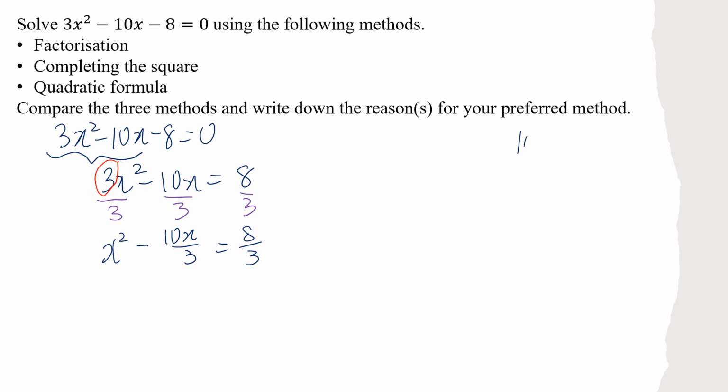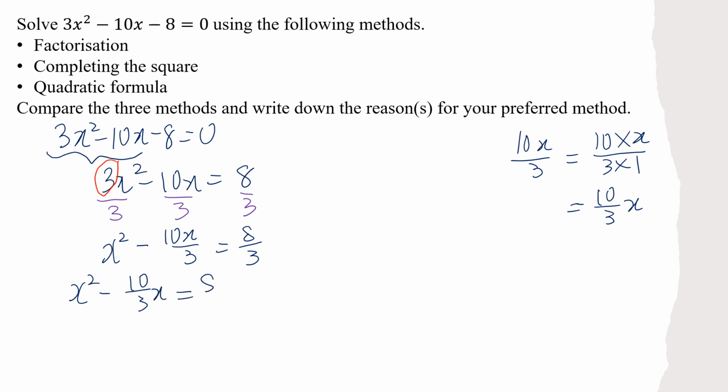Alright, so 10x over 3 is just 10 times x over 3 times 1. So I'm just going to write it as 10 over 3 x. Okay, so I will have x squared minus 10 over 3 x equals to 8 over 3.